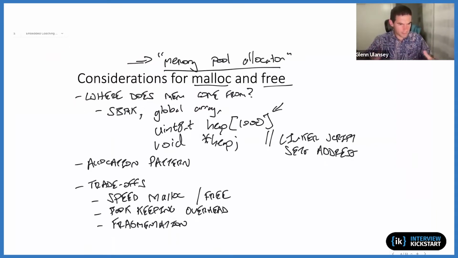Some of these trade-offs might fall more into the category of figuring them out once we start writing code, like what data structures and data types we want to use. But keeping track of, do we need malloc to always be really fast? If we need it to be really fast, then we need to choose data structures and approaches to make sure that ends up being fast. So these are all kind of high level topics.